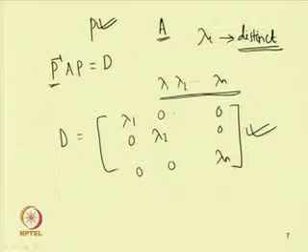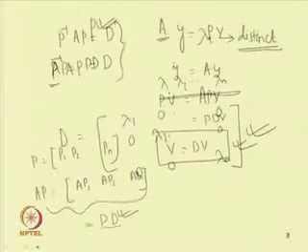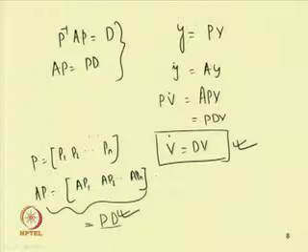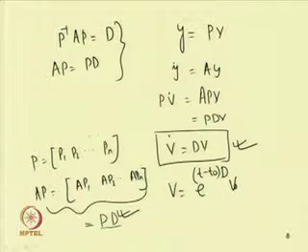So, as V dot equals D V, the solution V, similar to the previous case, will be e to the power of (t minus t0) D times V0, where V0 is V at t equal to t0.